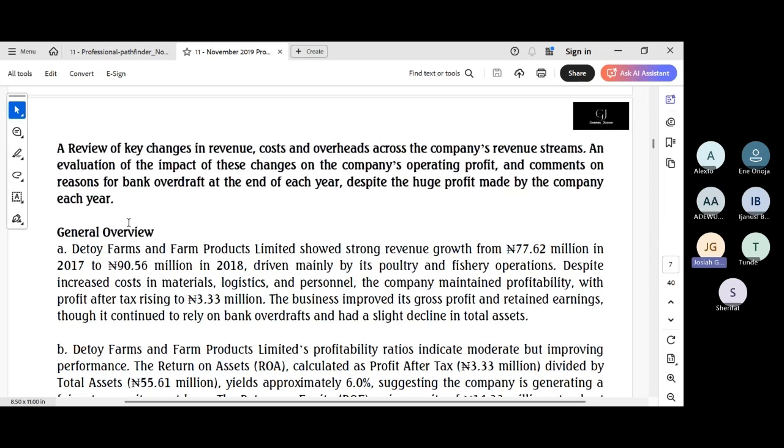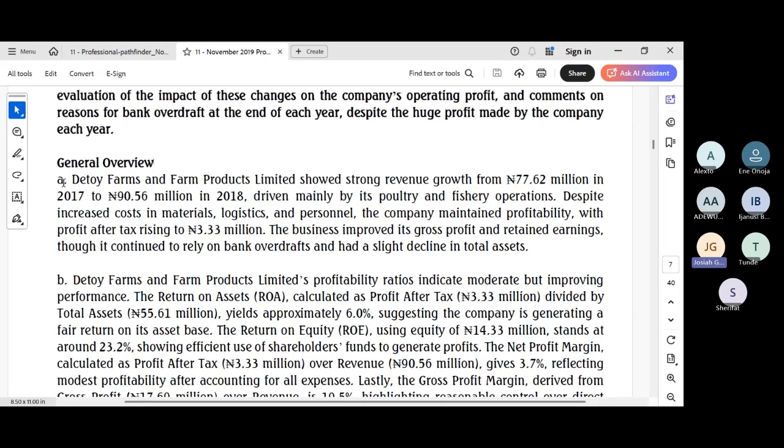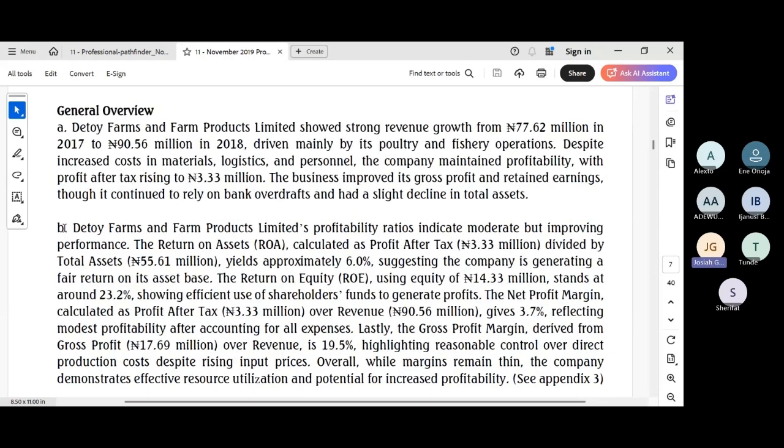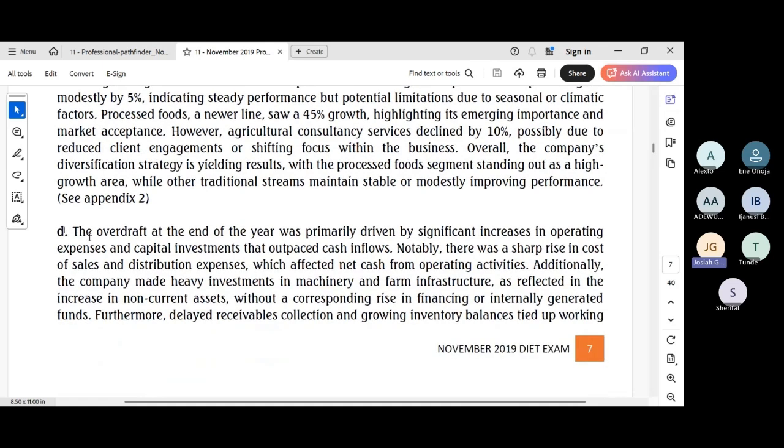So in using data and information, I call that header general overview. What are we overviewing? We are looking at the performance and what it is from the data provided to us on Detoy Farms. So you can see from the general information, I stratified it to pick 1 mark each. A for that box, B for that same box, C for that same box, D for that same box.